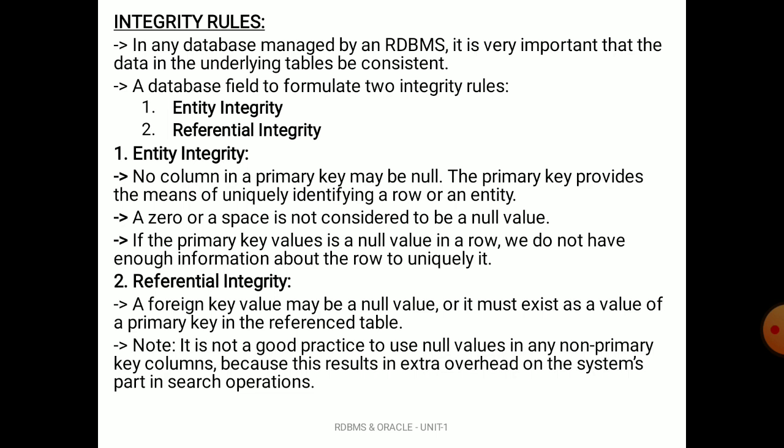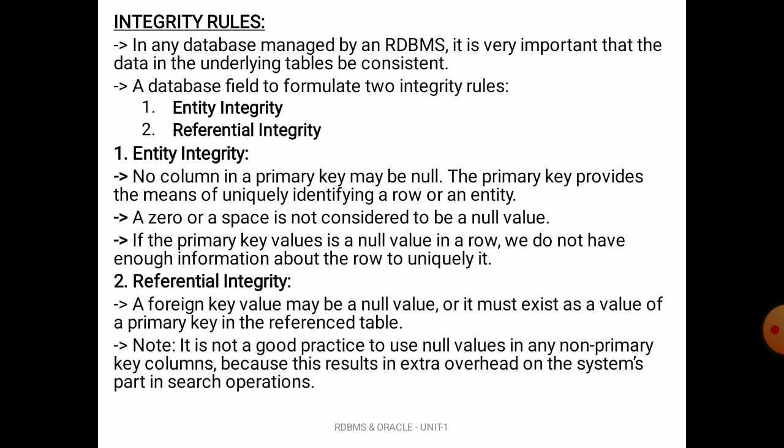A zero or space is not considered to be a null value. If you input zero or space in a particular column, it is also not a null value. If the primary key has a null value in a row, we do not have enough information about the row to uniquely identify it. Then the second integrity is referential integrity.